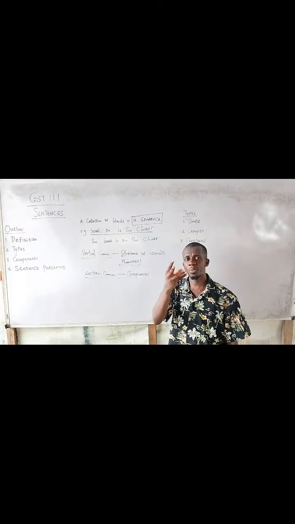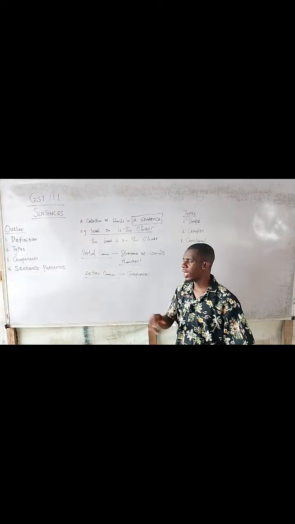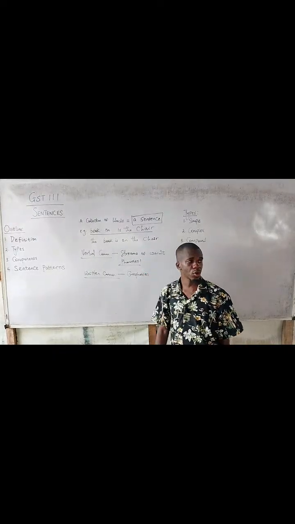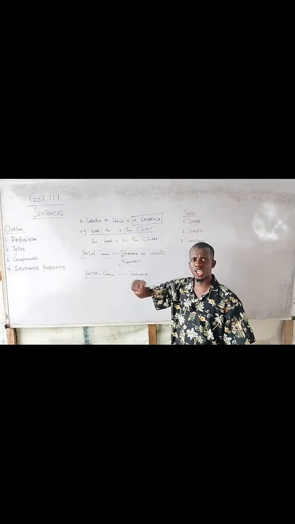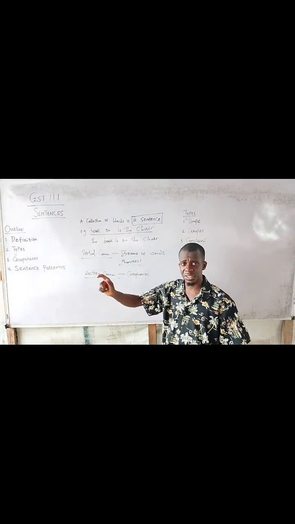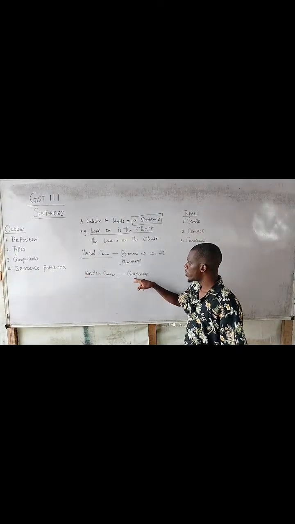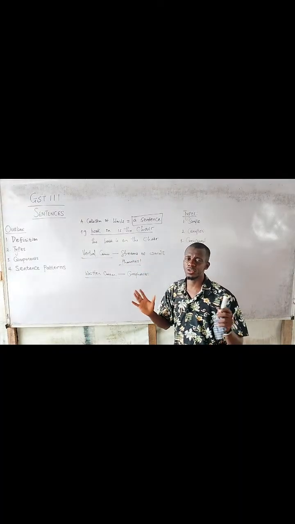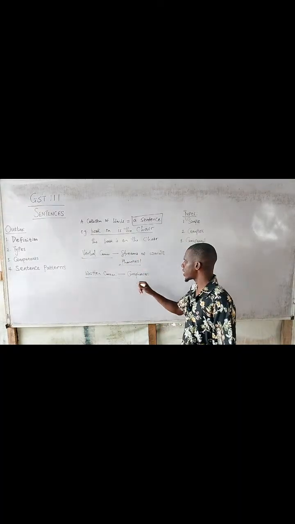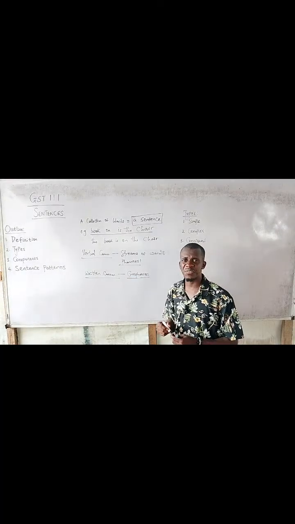That is, they are made up of speech sounds, and these speech sounds, we call them phonemes. In written communication, such as in letter writing and so on, we produce streams of words that are a combination of letters, and these letters are called graphemes.